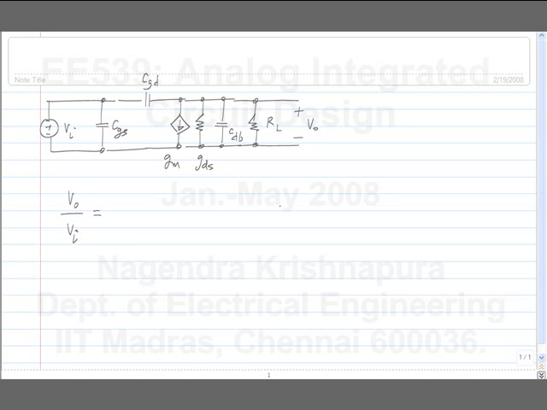What was the response? The DC gain is minus GM by GDS plus GL, and it has a pole and a 0.